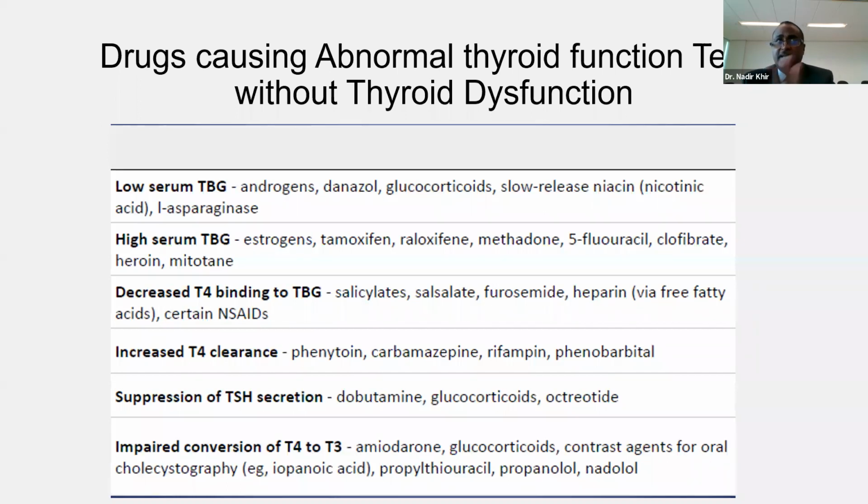I have this list hanging in my office. I look at the patient's medication history and try to see any possibility that one of these medications will affect the results. But the most common you will see in the primary care clinic are multivitamins and estrogen.